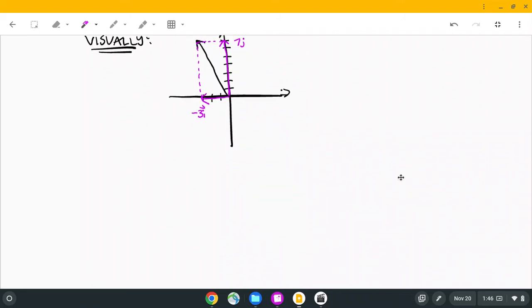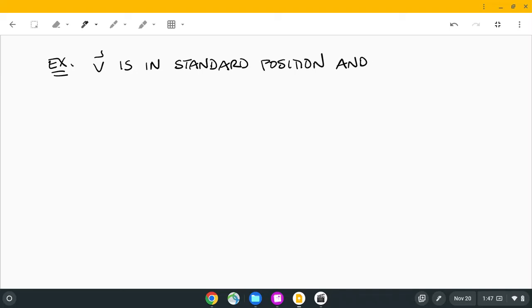Okay, let's take a look at this here. All right, suppose that V is in standard position, and makes a 35-degree angle.